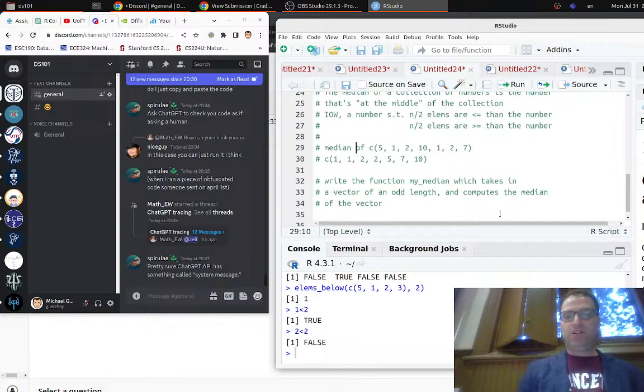For example, my median of this is, like we said, 2, because 2 is in the middle.